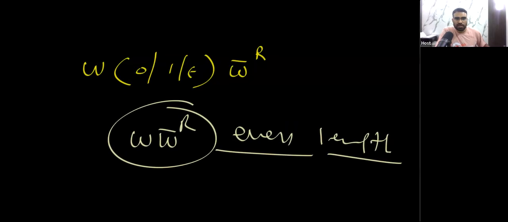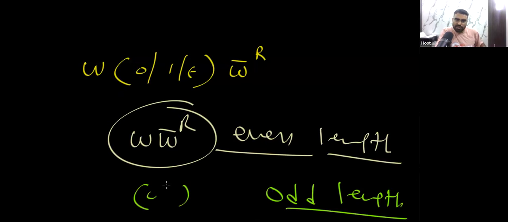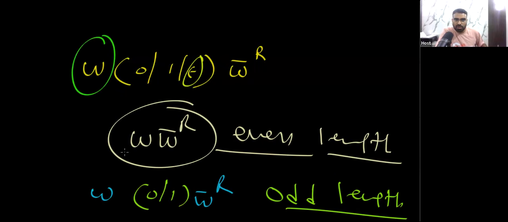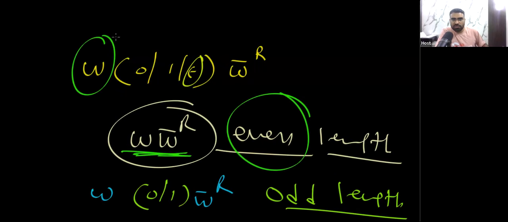Is this point clear? If you want odd length, then the middle symbol must be 0 or 1. Are you getting my point? Very simple point. Remember, if you take epsilon here, then you will get W complement reverse, and this will be even length. If you want odd length, then the middle symbol must be 0 or 1.